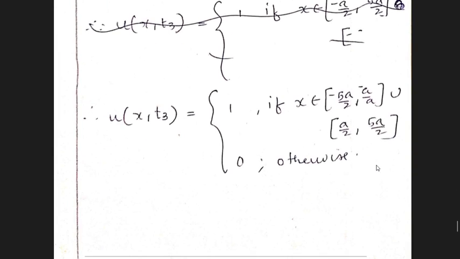That is, u of x, t3 is equal to 1 if x belongs to minus 5a/2 to minus a/2, union the closed interval a/2 to 5a/2, and 0 otherwise. I made a mistake here.